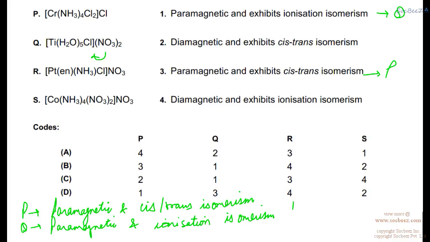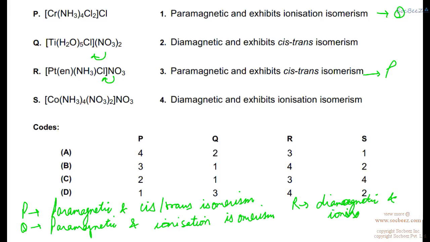Okay, now in case of R, Pt(en)NH3Cl, here it is diamagnetic because Pt2+ is diamagnetic, and it also exhibits ionization isomerism, because here NO3 and Cl are different.